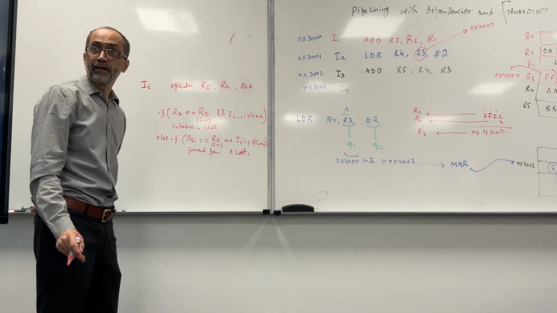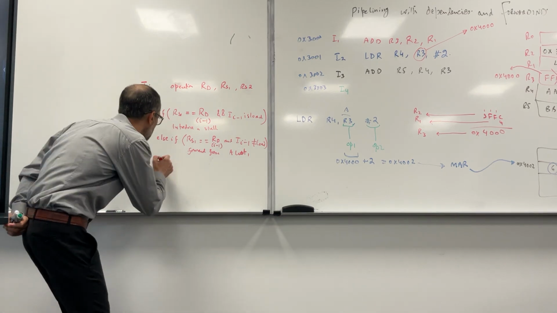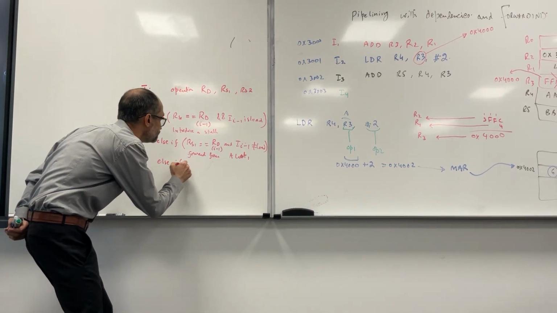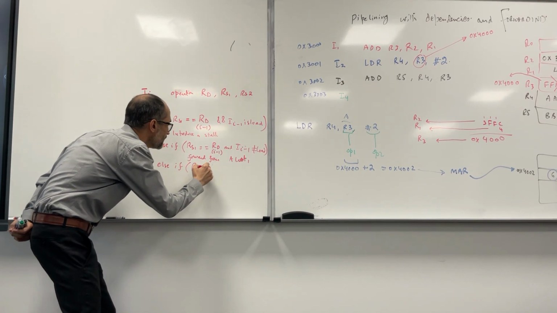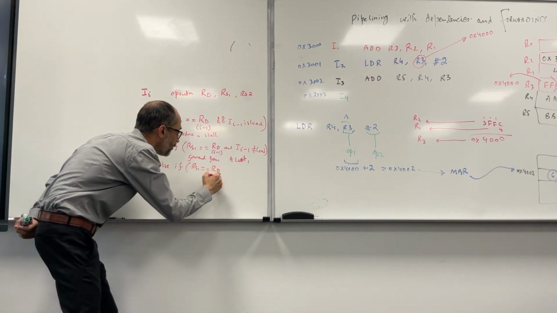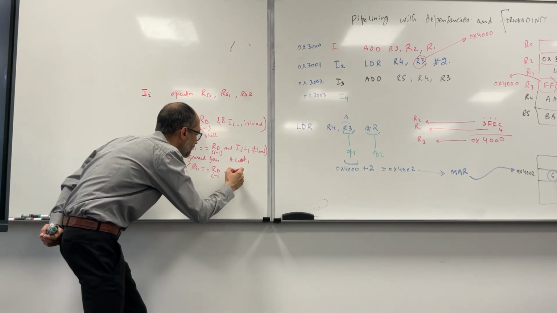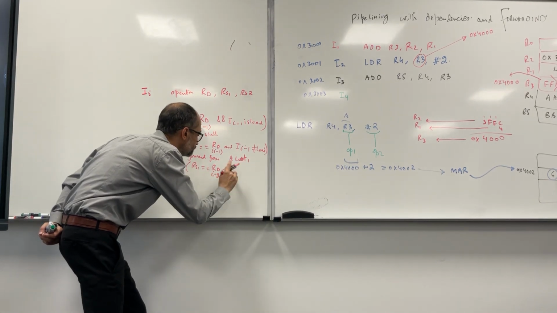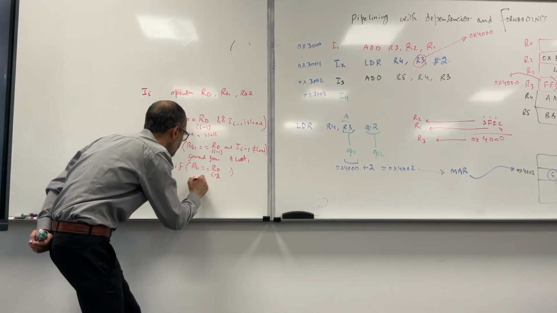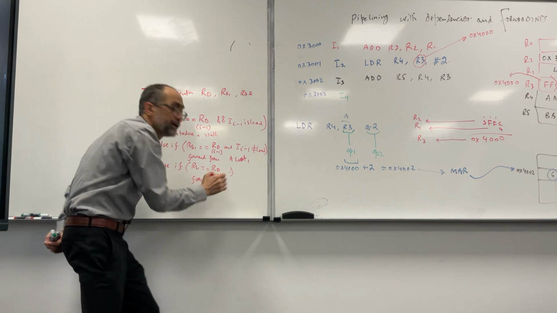Clear or not clear? Okay, again, else if RS1 is equal to RD of I-2, and I will give you some example. I-1 and I-2. So this is very clear. Forward from where? It depends on that.